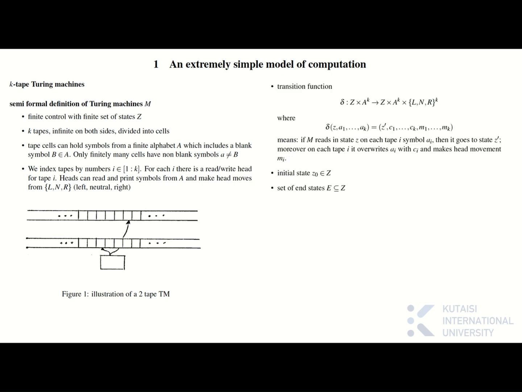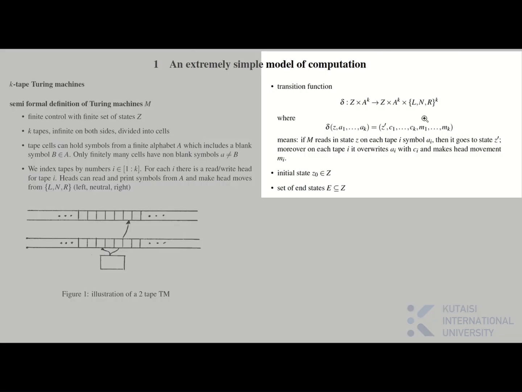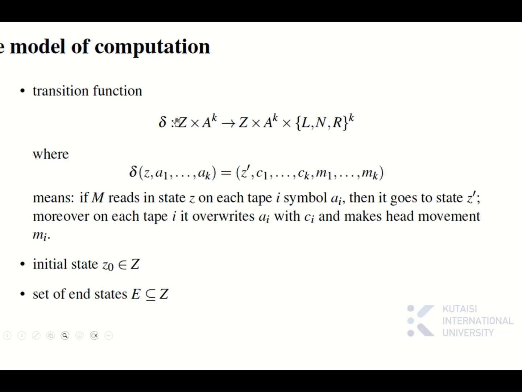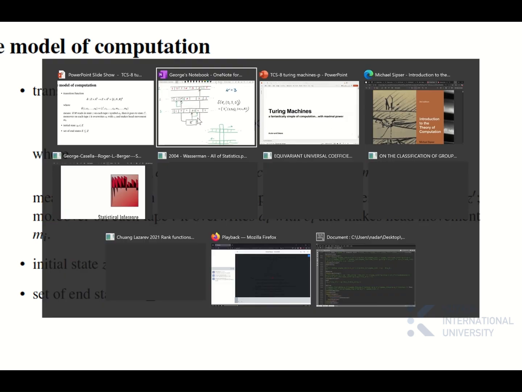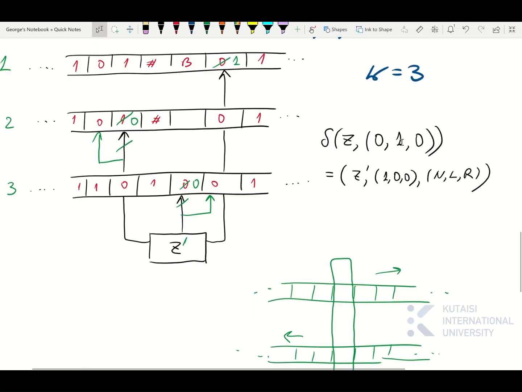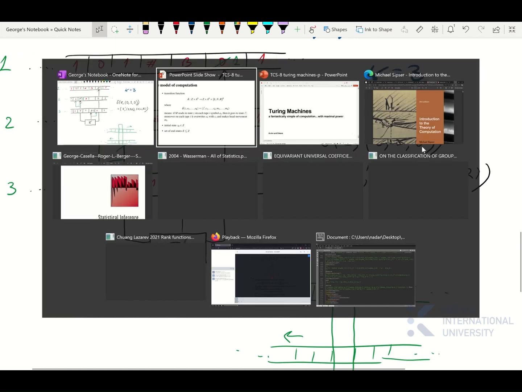So what is the mathematical description of the transition function? Of course, it's something like this. For every state and for a k-tuple of alphabet symbols, so in our case k was 3, so we had a triple here. So one state and a triple: what am I reading on each tape?